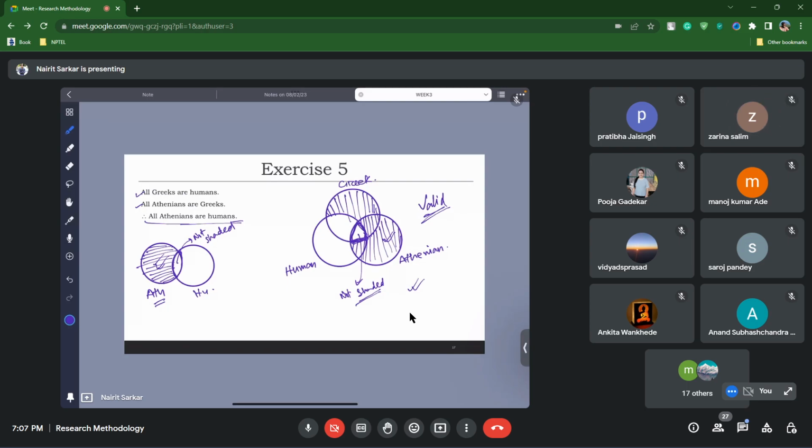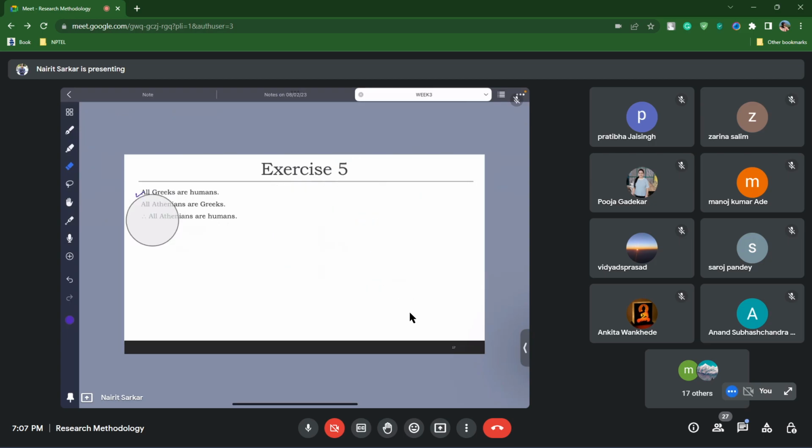First of all, let's understand the statements. All Greeks are humans, and then all Athenians are Greeks.